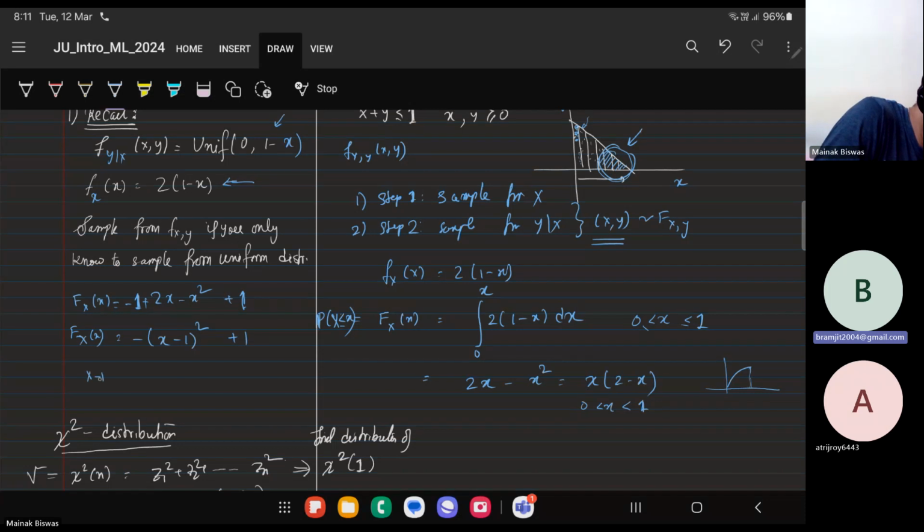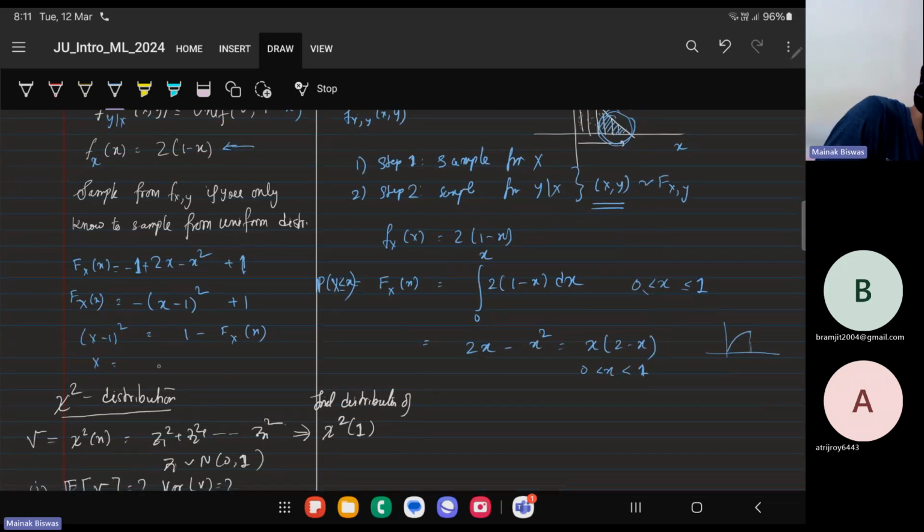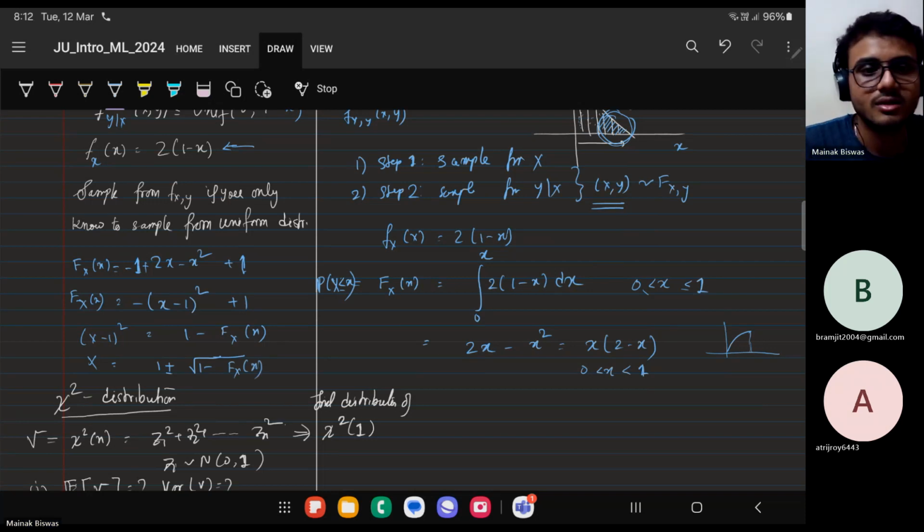I represent y in terms of x. That is the inverse. So (x minus 1) squared is equal to 1 minus F_X of x. So you get x is equal to 1 plus or minus the square root of 1 minus F_X, right?